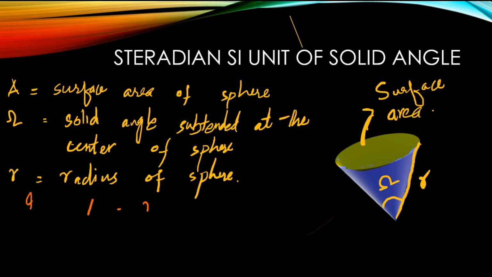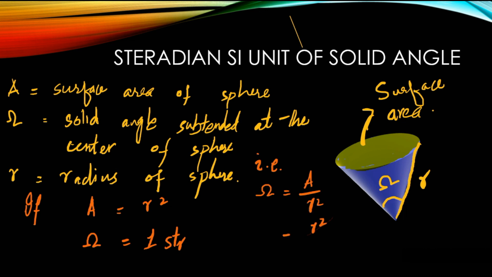The surface area subtends a solid angle at the center of the sphere, and it is one steradian if the surface area becomes equal to the square of the radius of the sphere. That is, A becomes equal to r square. So from the above discussion, we may conclude that sigma equals A by r square, that is r square by r square. r square cancels out and we get 1 steradian.